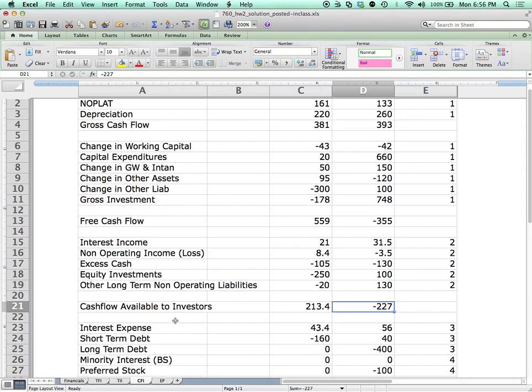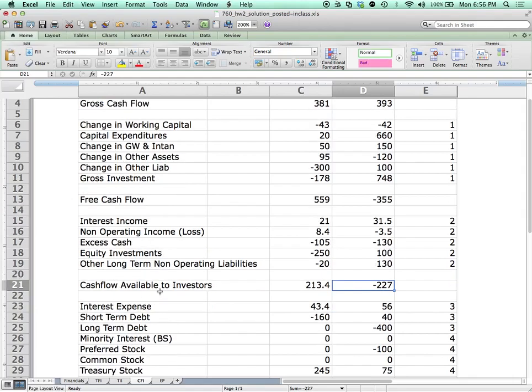If I look at my CFI, I have my interest income is a 2, so I do have to include it. And then I have to have my non-operating income off the income statement. And then I have to have my change in excess cash, change in equity investments, and change in other long-term operating liabilities. So I would have to actually include it. That's the only way my statement's going to balance.